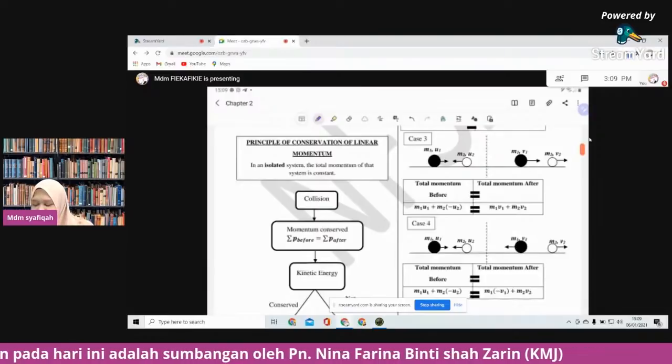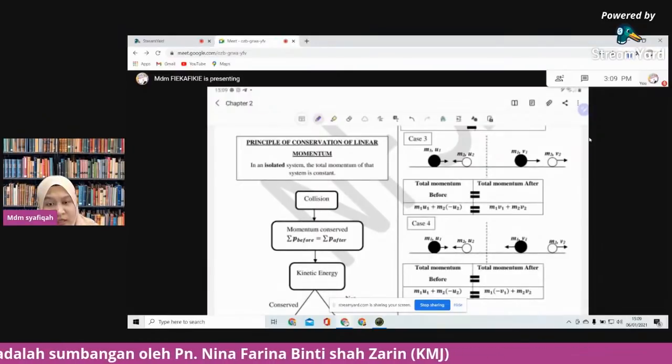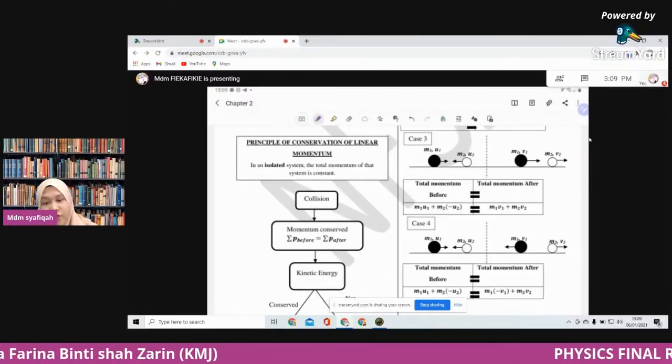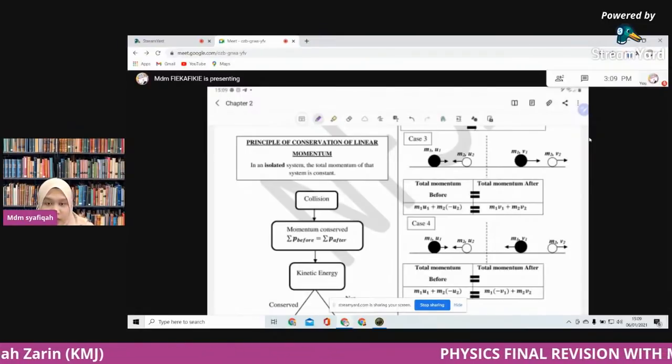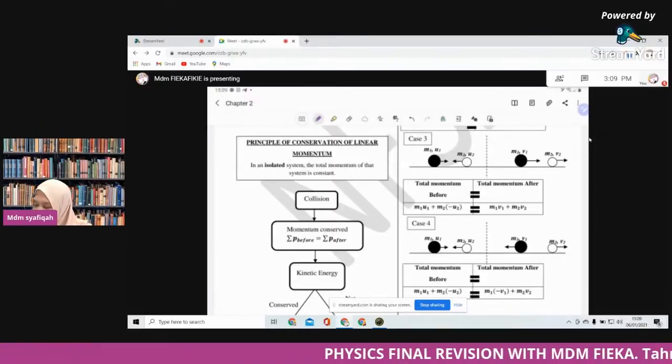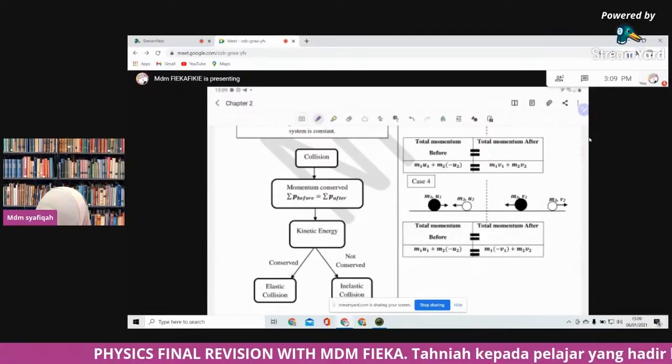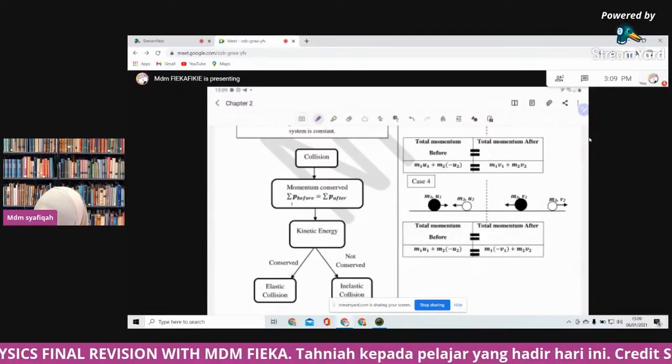Okay, so principle of conservation of linear momentum. We have collision, where the total momentum before is equal to total momentum after collision. So we can write here MV, selalunya ada dua objek lah awak selalu tuliskan.